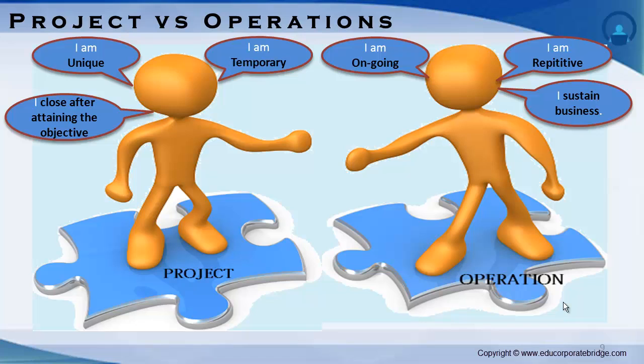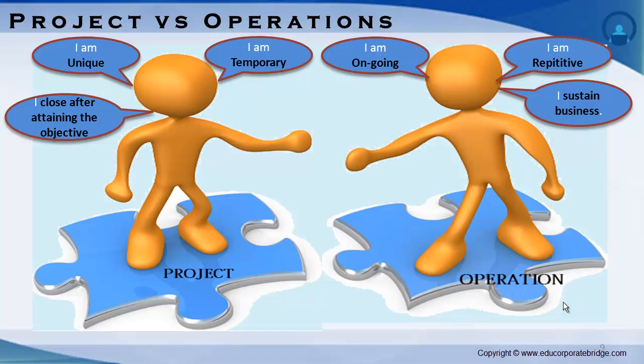Having understood the concept of project and operations, let me briefly tell you the similarities as well as differences between project and operations. Both project and operations are performed by people, both are constrained by limited resources, and both are planned, executed, and controlled.